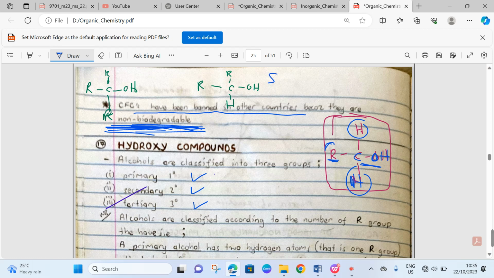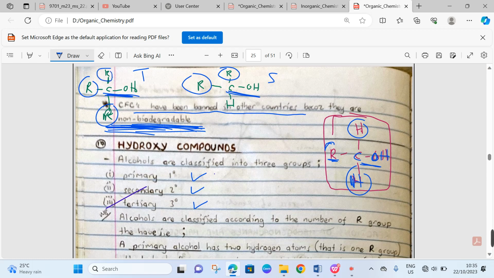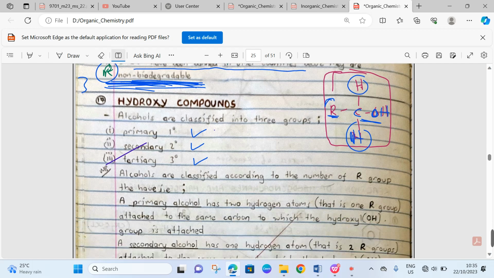This one is a secondary alcohol, in that the carbon atom attached to the OH group is attached to two other groups. In the tertiary alcohol over here, the carbon attached to the OH group is attached to three other groups. That's all you should know.